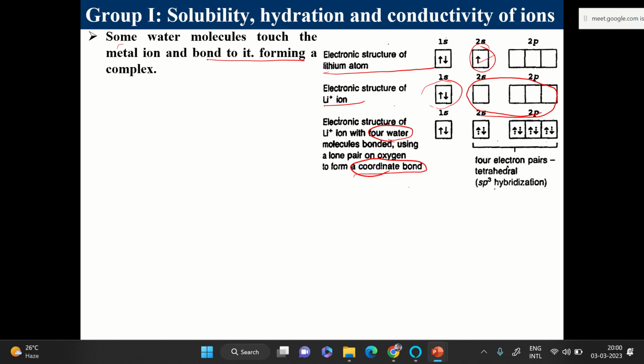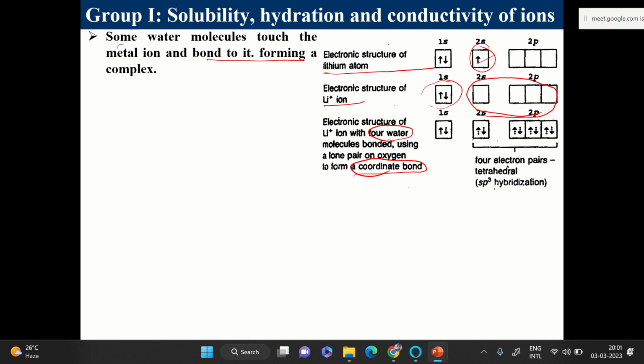The only difference is that the 2 electrons of the pair come from one species. Here water contributes the 2 electrons, and the orbital containing them overlaps with the vacant sp3 orbital of lithium. So it is also a covalent bond in which both electrons have been contributed by water in one lithium plus.